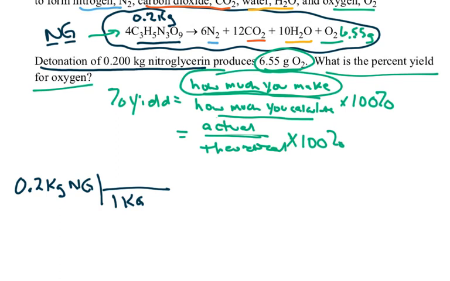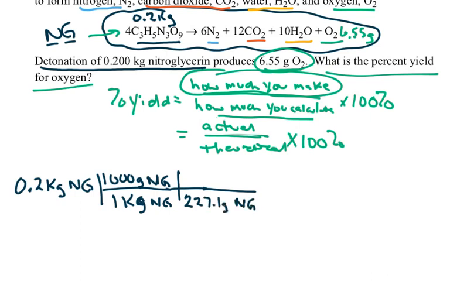1 kilogram nitroglycerin, 1,000 grams. You guys have to know that, okay? There's just no way around the metric system, all right? There's 227.1 grams of nitroglycerin and 1 mole of nitroglycerin.